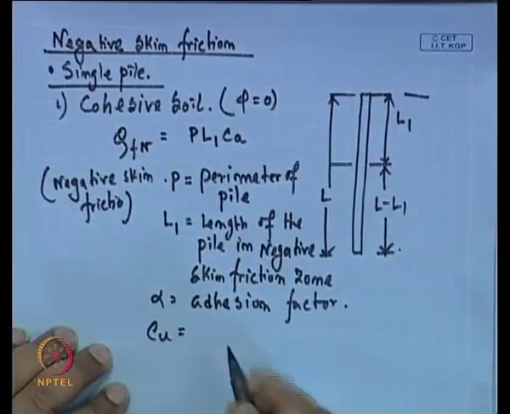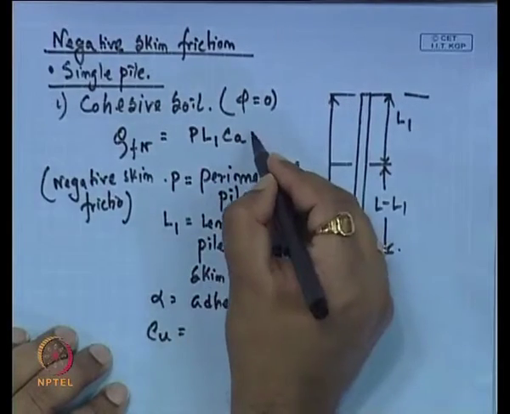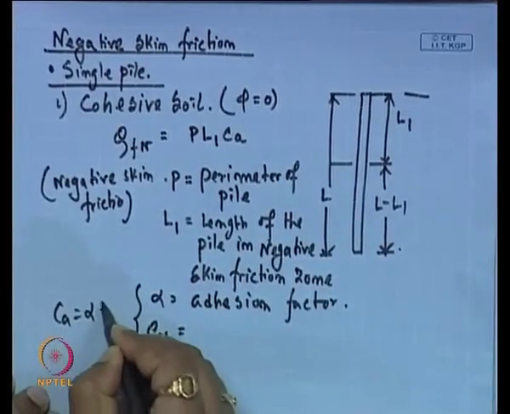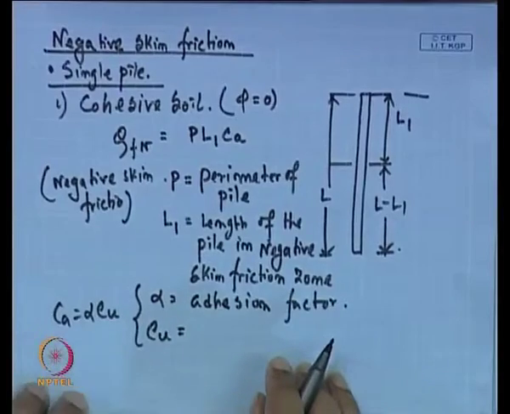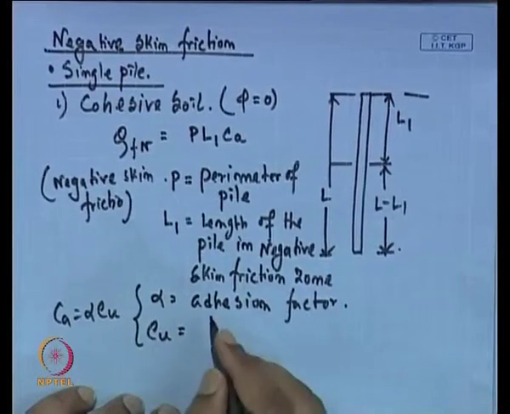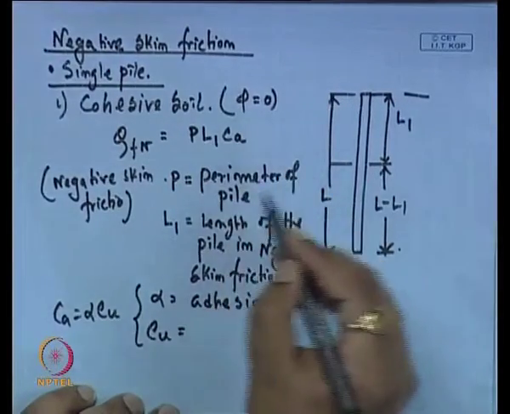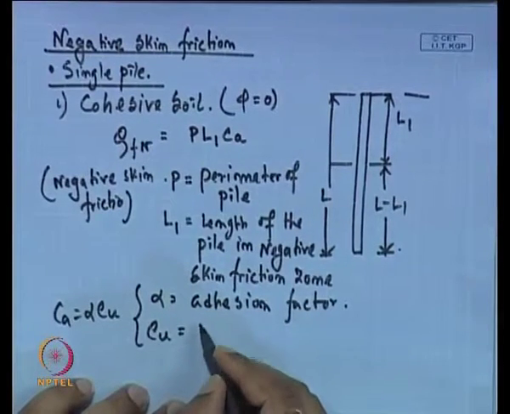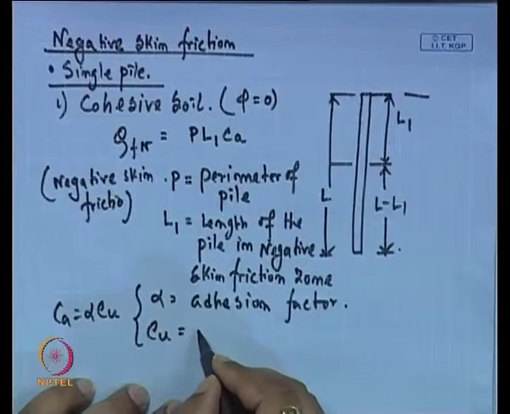C A is basically alpha times C u. Here, C A is the adhesion and C u is the undrained cohesion of the compressible layer.